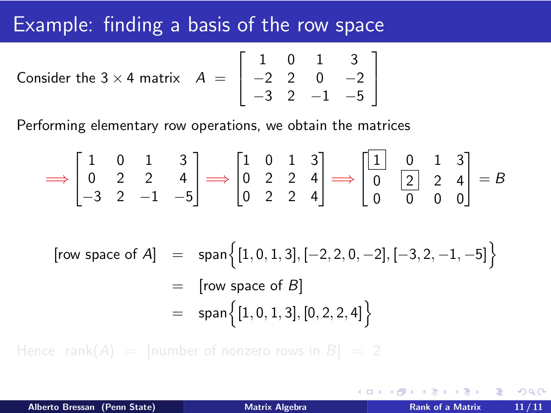The theorem says these are the same, so this span is exactly the same space as this span. Then we know the rank of the matrix A is exactly the number of non-zero rows in B, because it's the rank of B, which we see here is 2.